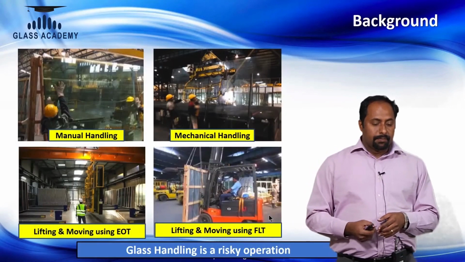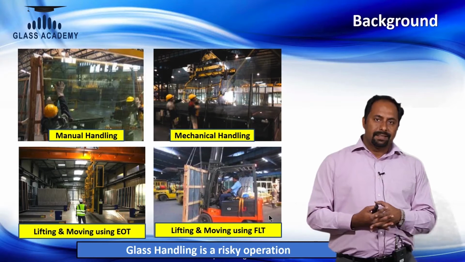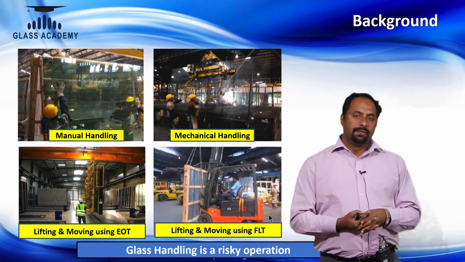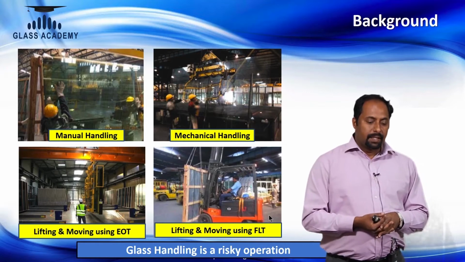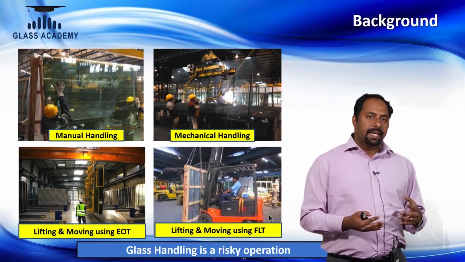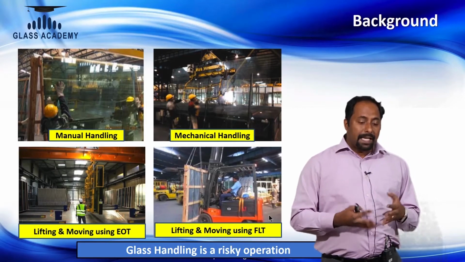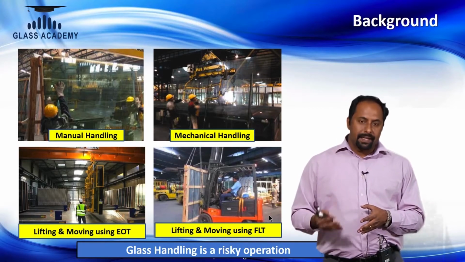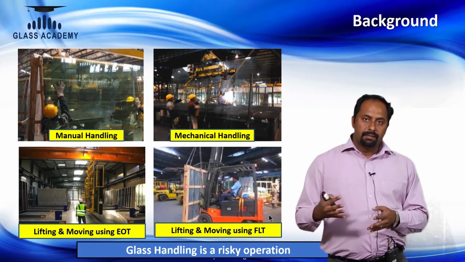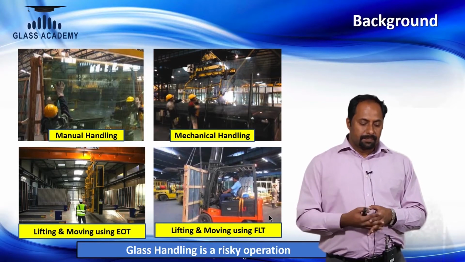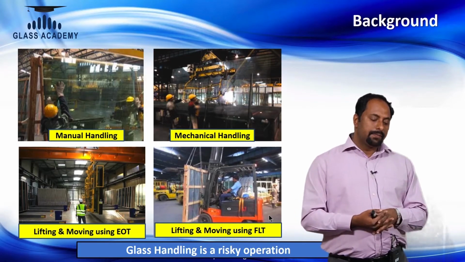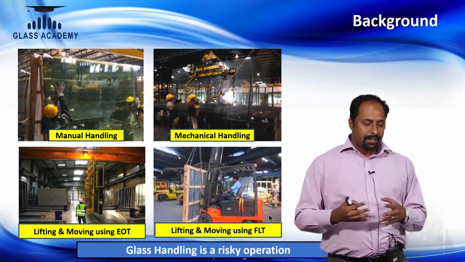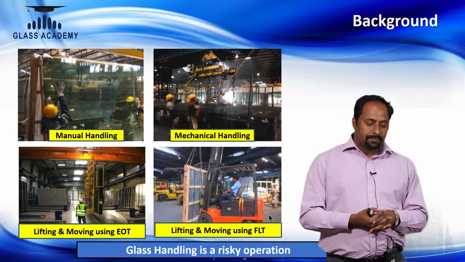And if you really look at glass handling, there are four ways in which it is handled. One, people handle the glass manually, and there is a methodology of handling it mechanically by using a lot of mechanical equipment. Another common way is lifting and moving big glasses using EOT cranes.